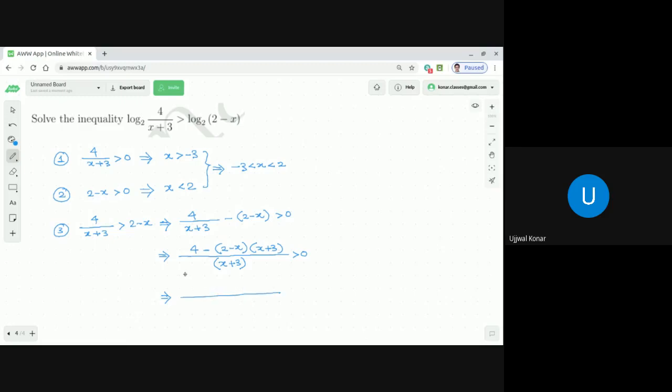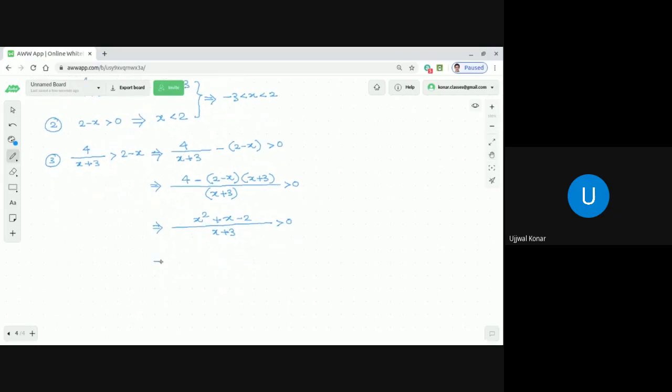We are going to get x squared plus x minus 2 if you simplify, dear students. x squared plus x minus 2 divided by x plus 3 is greater than 0. Now x squared plus x minus 2 implies (x plus 2)(x minus 1), so (x plus 2)(x minus 1) divided by x plus 3 is greater than 0.